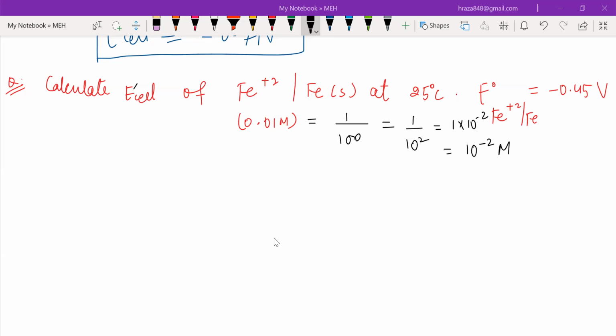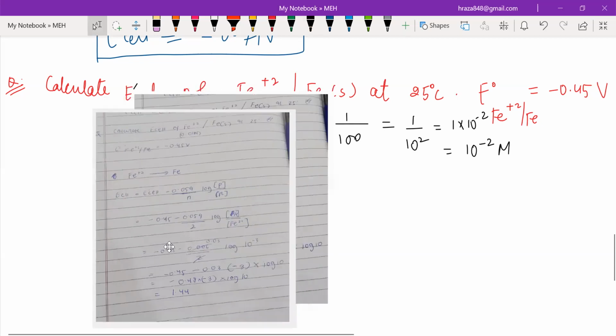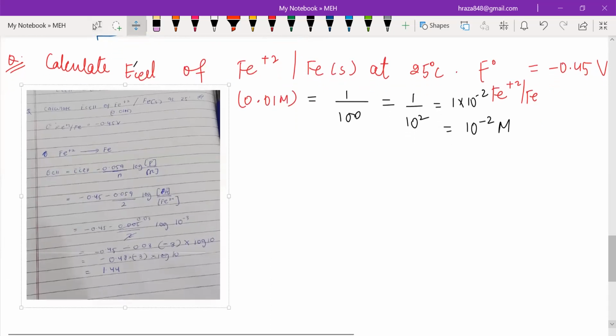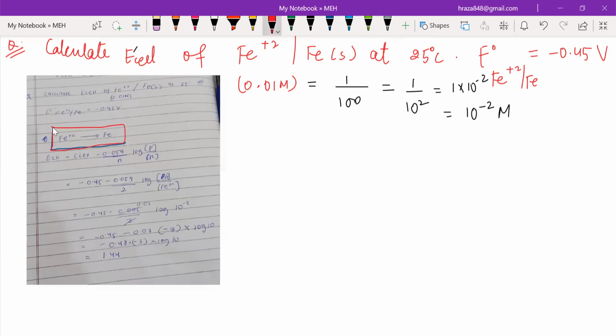I just want to show you what you have done correctly and where you have made mistakes. It's also important to note how you write. First of all, the first mistake comes here: you didn't write the correct equation. If Fe plus 2 is going to Fe, that means now its oxidation state is 0, right?